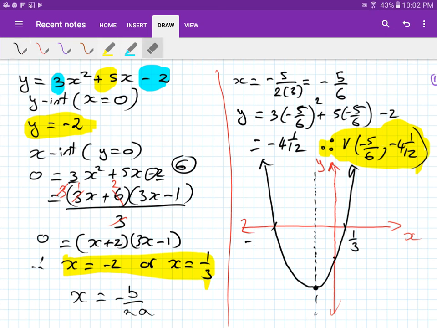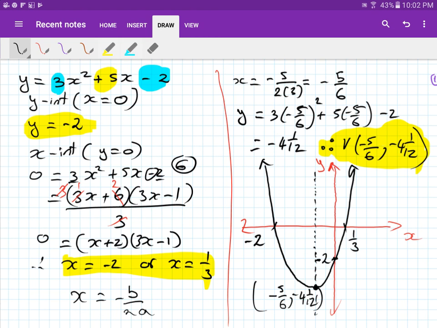Sorry, I just rewrite the minus 2. Then the turning point or vertex, I write it down: negative 5/6 and negative 4 and 1/12. That's the point there. And then the y-intercept is minus 2, so I put minus 2 here. Yeah, that's it. Very simple.